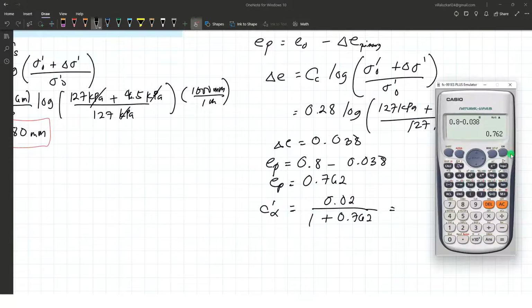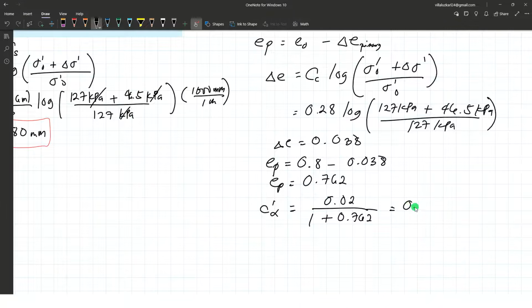So C prime alpha is equal to 0.02 over 1 plus 0.762. That's 0.011.